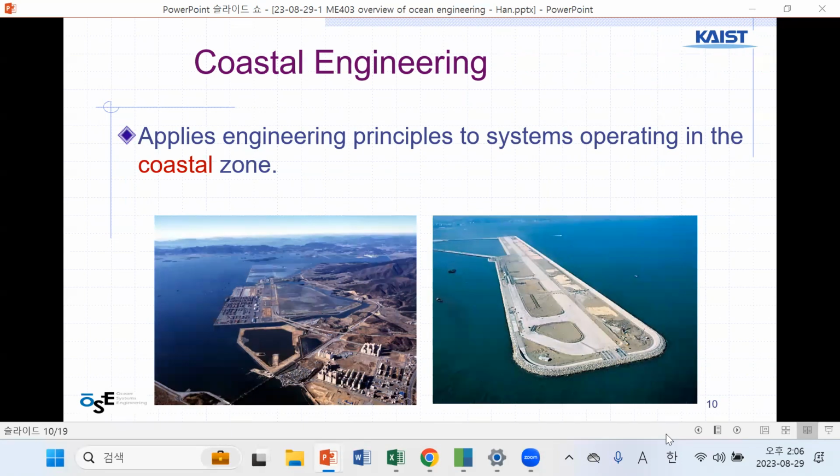And this one is an airport, but not floating. They make land, pouring sand and stones. This photo is probably coming from Japan.